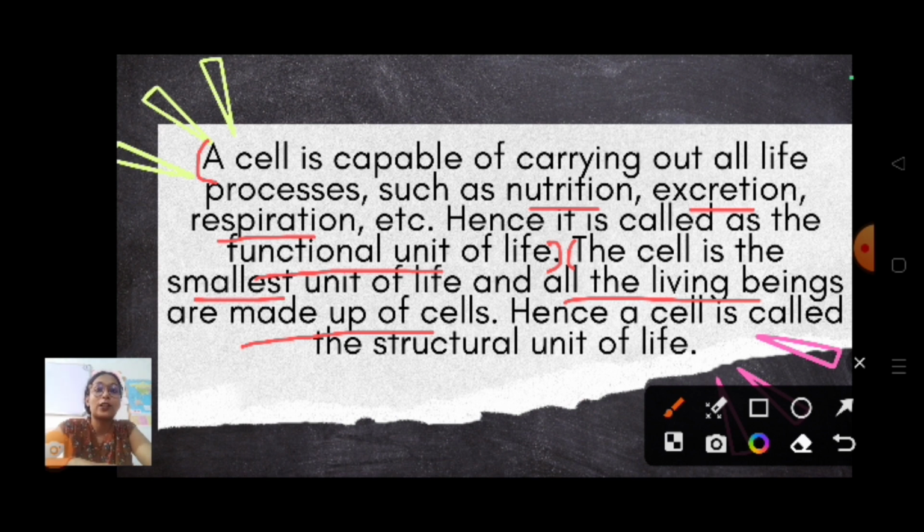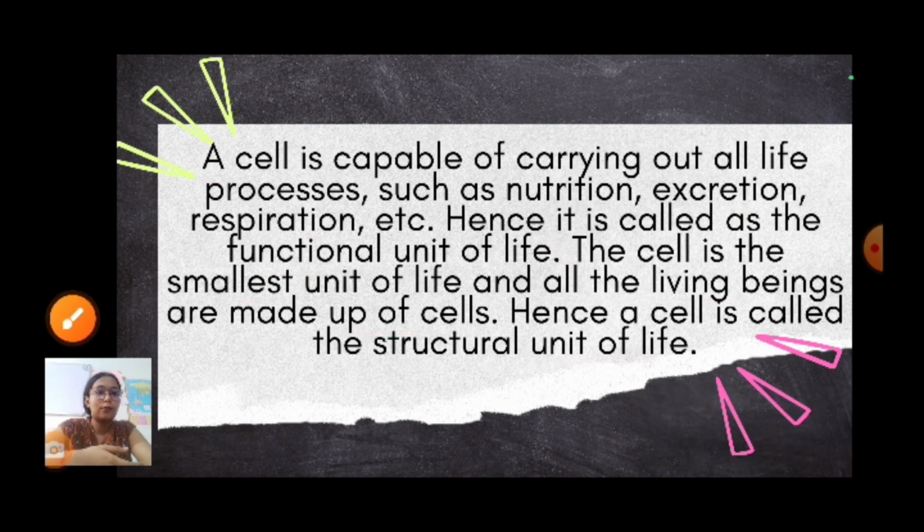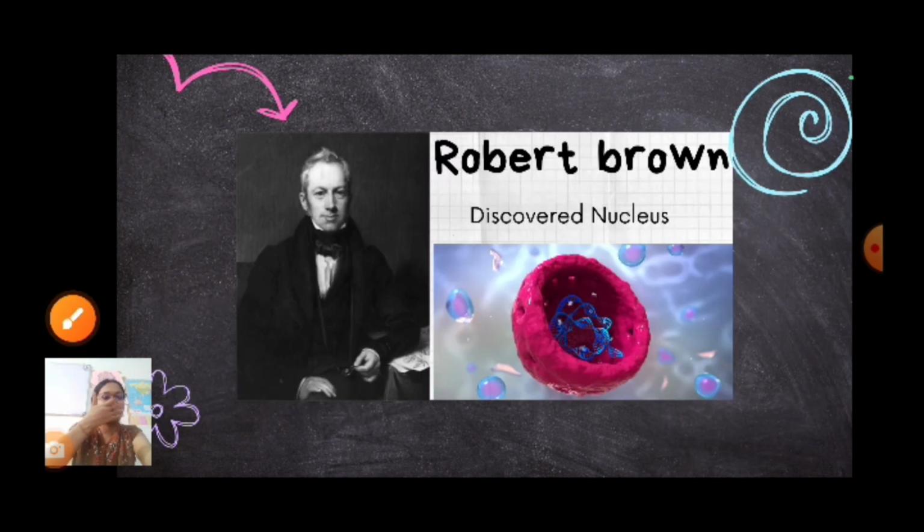Hence a cell is called the structural unit of life. So you can add one more point: from cells it forms tissues, then all the tissues clubbed up to form your organs, and all the organs clubbed up to form the organ system, then all the organ systems make up a particular individual. Okay, clear my point?